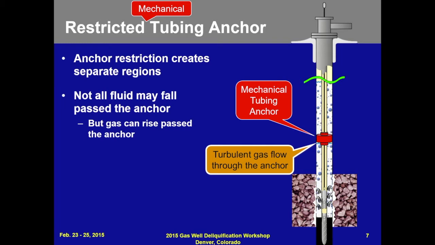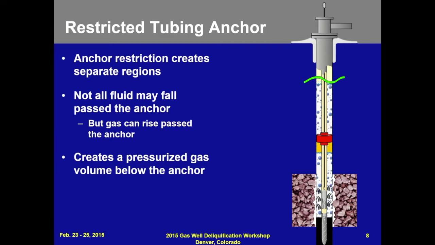Dry gas would typically rise past the anchor without much of an incident. Unfortunately, in an operating wellbore, there's both gas and fluid, and even foam in some cases. This fluid, along with some solids that may have traveled up with it, can settle out on the top of the anchor. This makes the flow path for the gas even more restricted.